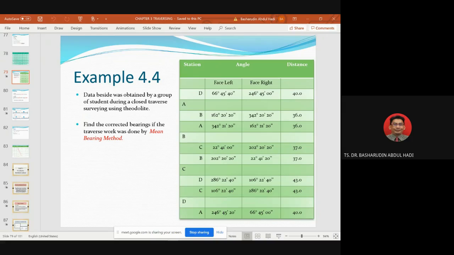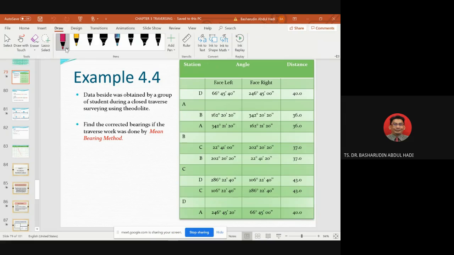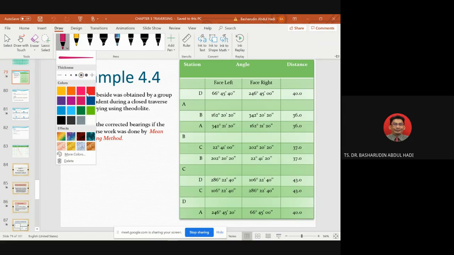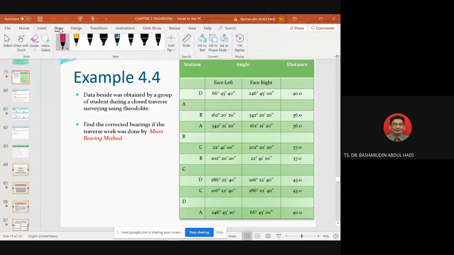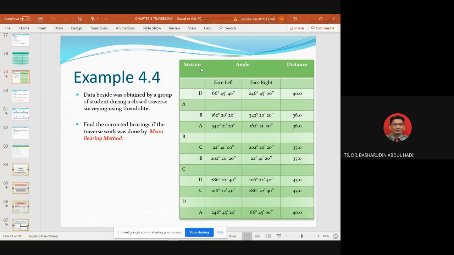We set up face left and face right when we are measuring one line, for example from station A to station B. So what you do is you are measuring one station, but you are measuring face left and face right.